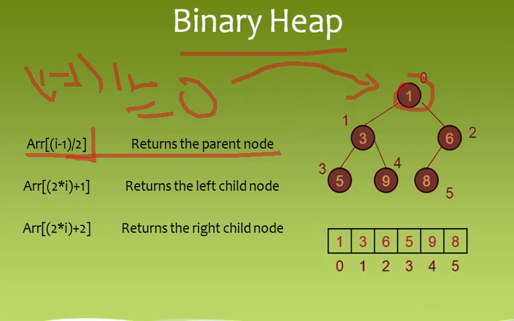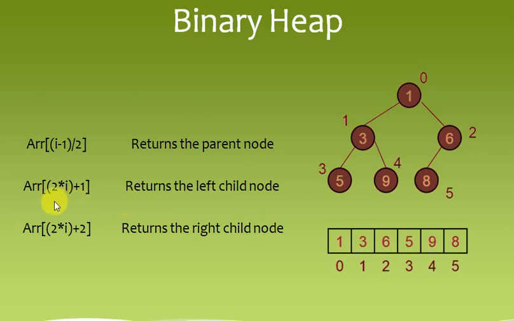And here, to return the left child, the formula is 2 multiplied by i plus 1. For example, for index 1, 2 multiplied by 1 plus 1 is 3, so this is the left child. If we are going to discuss the right child, then the formula is 2 multiplied by i plus 2.